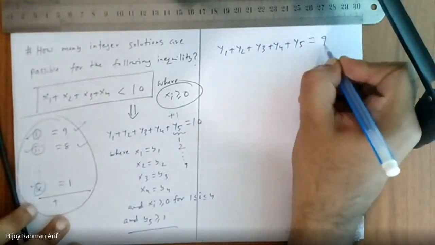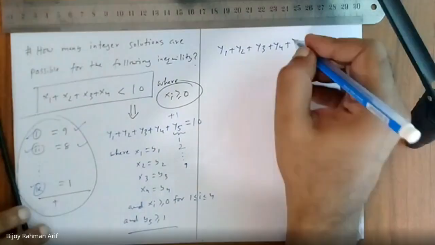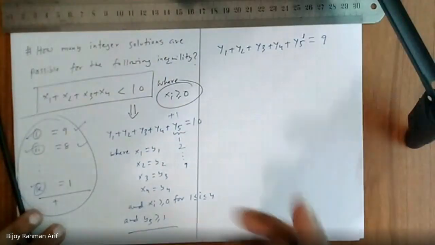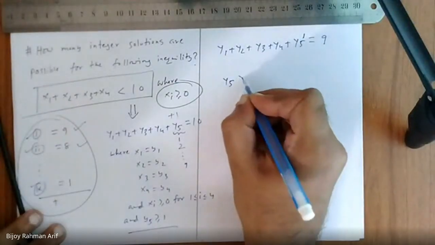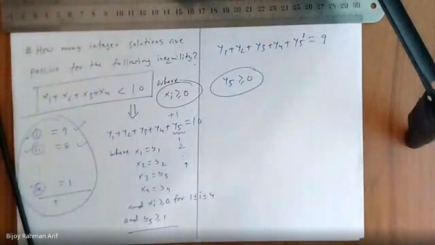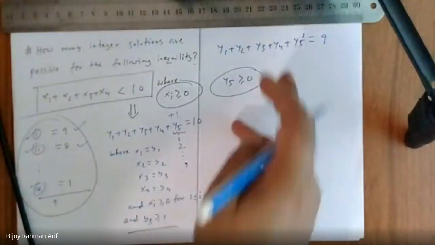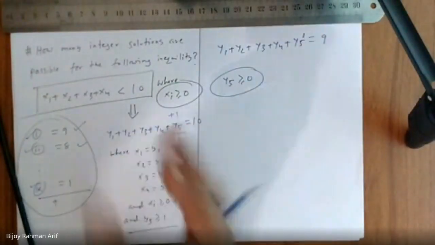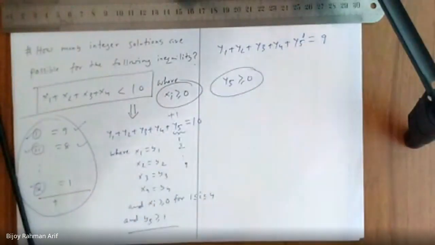Now it becomes equal to 9. Okay, so y5 dash. And in this case, y5 dash would be greater or equal to 0. Now we will get this. Do you agree with me or not? I already put one value to y5, it becomes y5 dash. So the whole equation becomes y1 plus y2 plus y3, y4, y5 dash equal to 9.